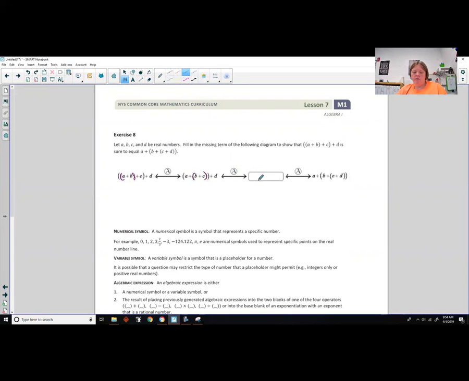And then from this step to this step, what's going to happen? And then to eventually get to here. So I would probably move this parentheses to here.